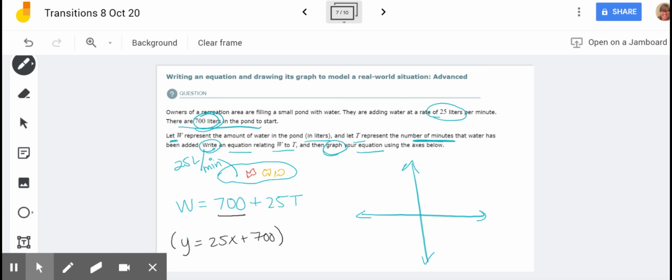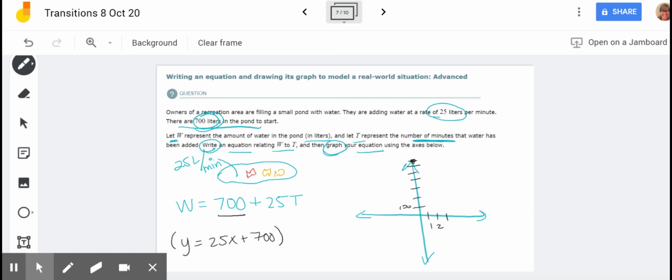So obviously on your graph, you're going to be looking for 700. So let's say this is 100, 200, 300, 400, 500, 600, 700. And then it's going to be filling up, so it's going to be a positive slope. And it goes 25 per minute. I can't even guess how they're going to put it.